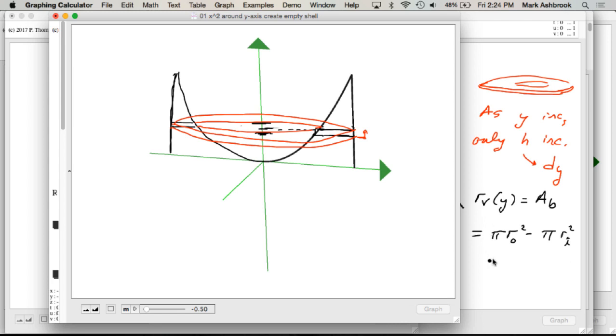Okay, what is the outer radius here? 1. It stays 1 for every single cylinder. Do you see that? The outer radius stays the same for all the cylinders. Okay, inner radius is what? So what is that inner radius from, say, here to here?